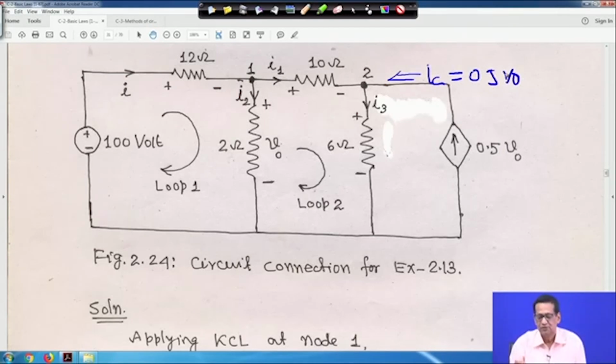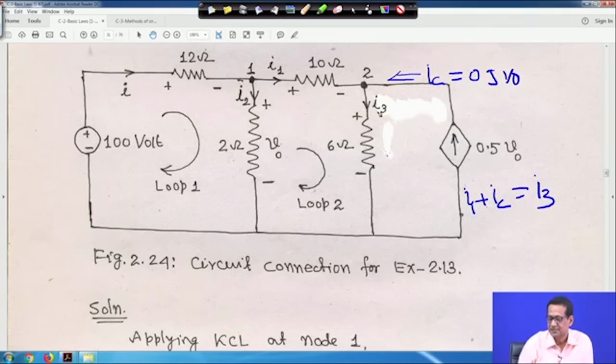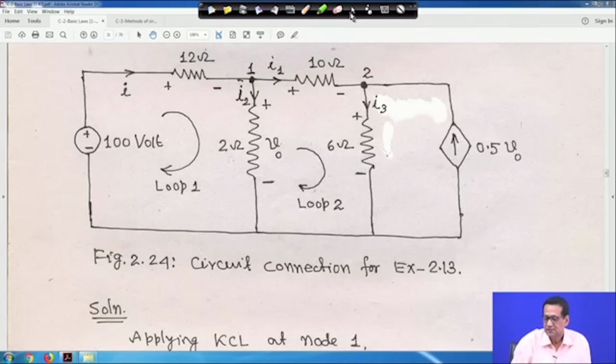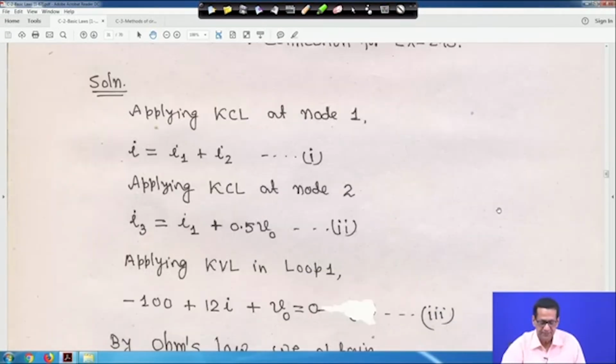If you apply KCL at node 2, two currents are incoming, I1 plus IC, and the outgoing current is I3. So I3 is equal to I1 plus 0.5 V0. This is equation 2.